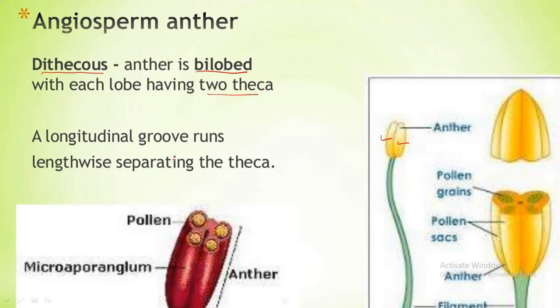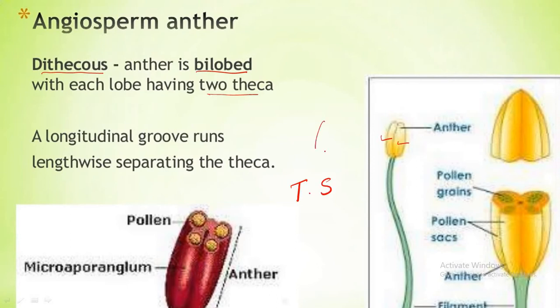In the cross section, the anther is a four-sided structure, which is tetragonal, consisting of four microsporangia located at the corners. In the diagram you can see this is one microsporangium, this is another, this is the third, and this is the fourth.